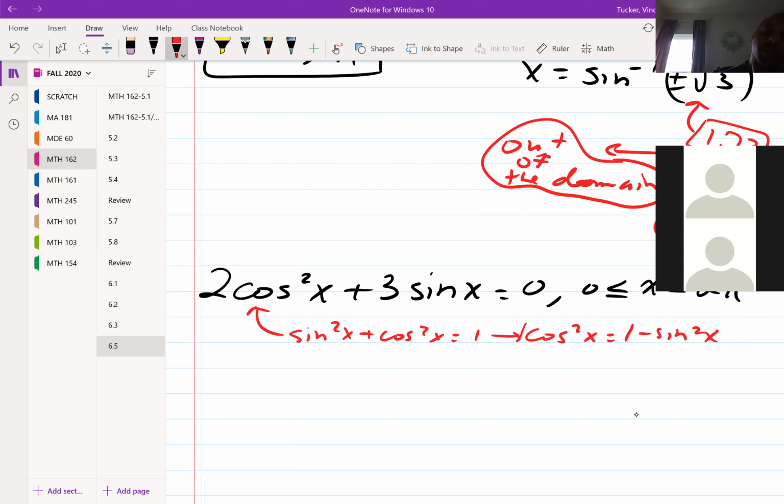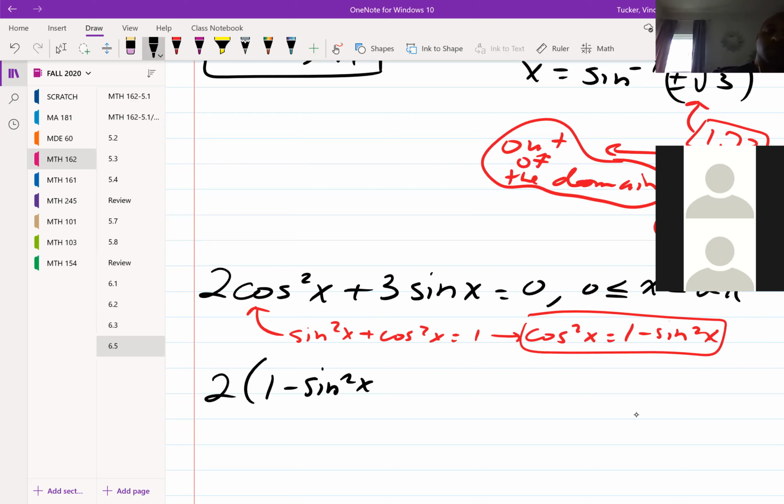So we can use our Pythagorean identity here. Some things you may not see till you start working on it.